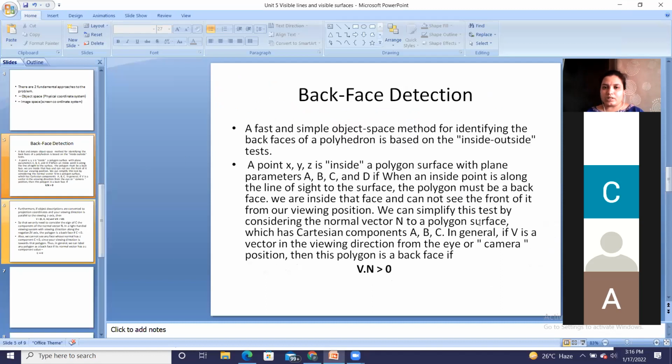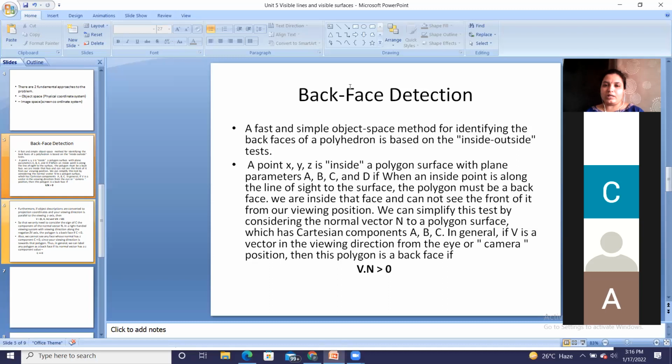So the first algorithm is called the backface removal algorithm. The name itself gives you an idea: backface. The face, that is nothing but the surface which is at the back side with respect to the viewpoint, is detected.